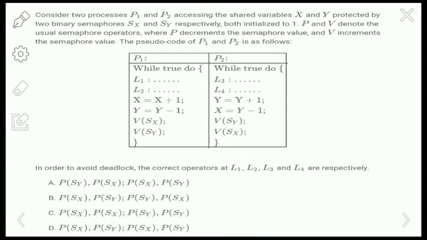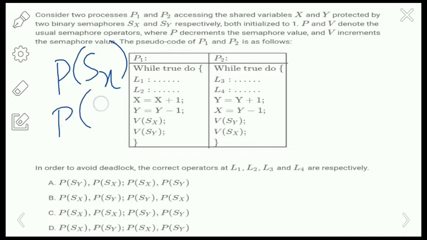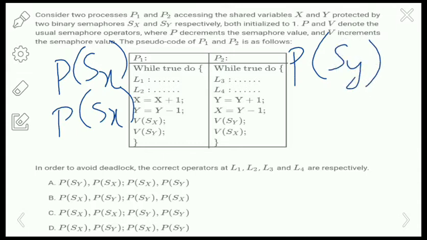If you check option C, it is P of Sx and then P of Sx. Next is given as P of Sy and P of Sy.